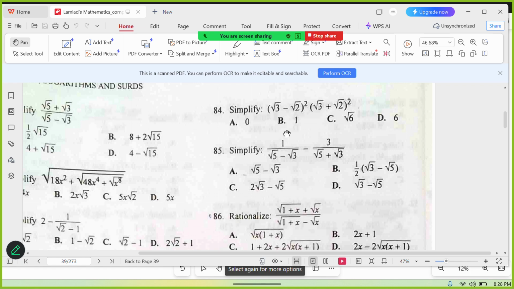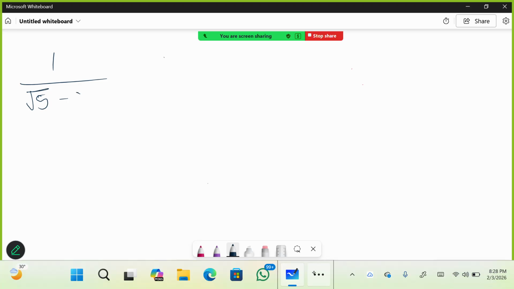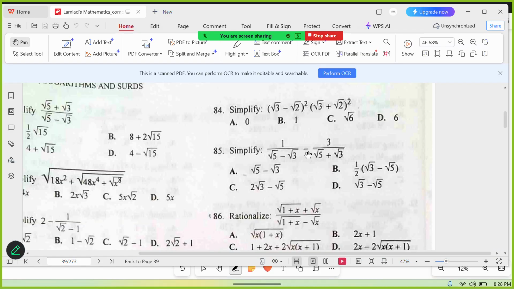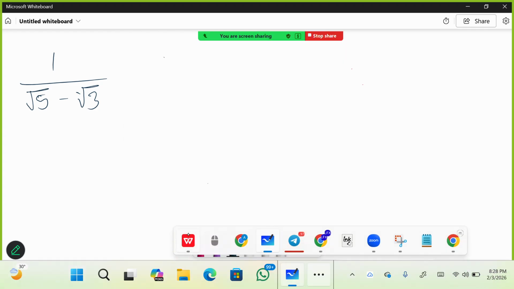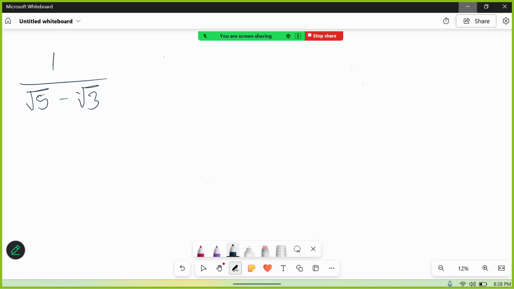I'll just be guiding you through 1 over root 5 minus root 3, minus 3 over root 5 plus root 3.